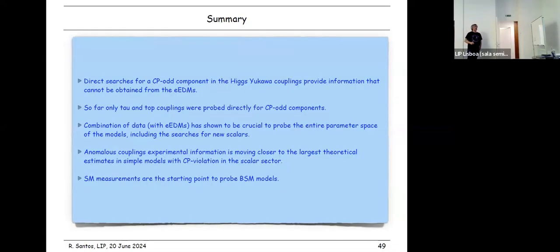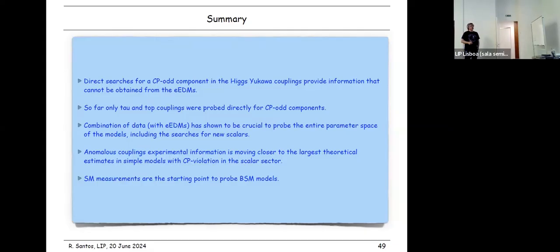Okay, and to finalize, the main message is that direct searches for these CP-odd components are important. They give information that cannot be obtained with EDMs. Unfortunately, only top and tau were probed until now. And this combination of data, including EDMs, has shown to be crucial, because also the searches for new scalars, when combined, for instance, with EDMs, having the masses close together, can give you some interesting information.